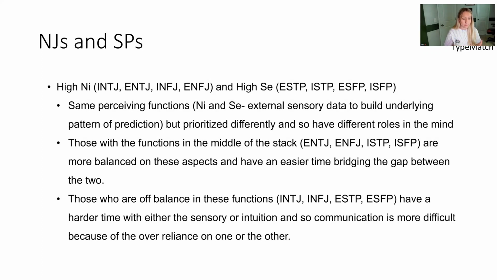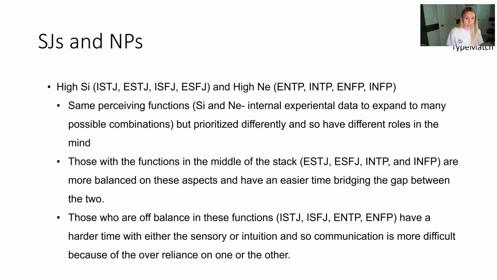But those who are off balance in these functions, so the lead NIs and the lead SEs, especially when they're younger, they have a harder time with either the sensory or the intuition. When they're older, we see that these differences tend to become lesser. And so communication is more difficult because of the over-reliance on either NI or SE.